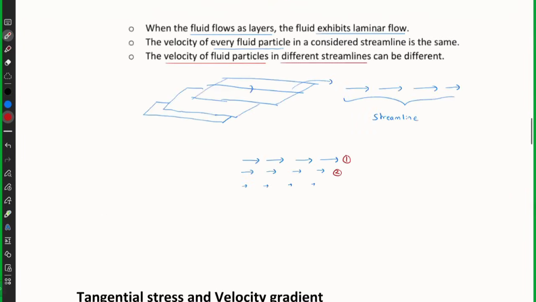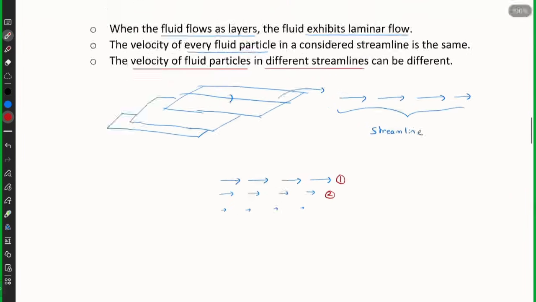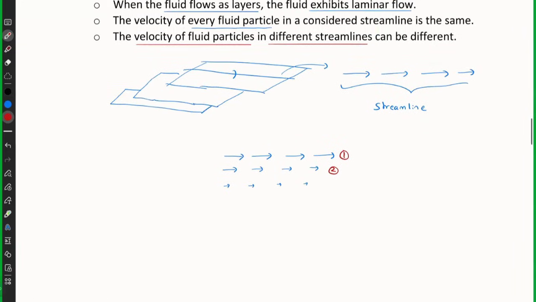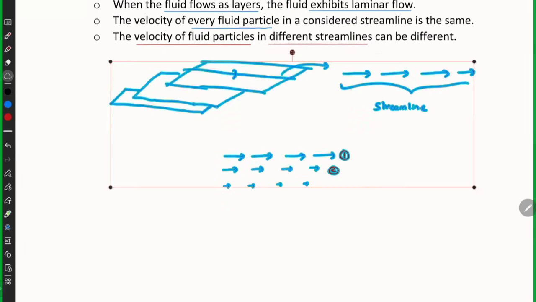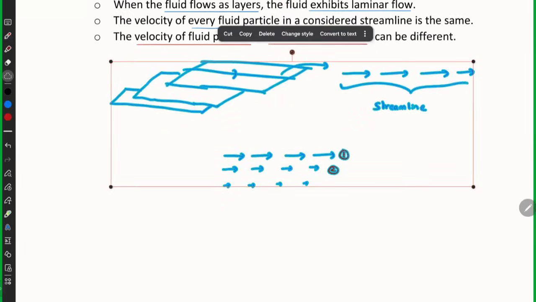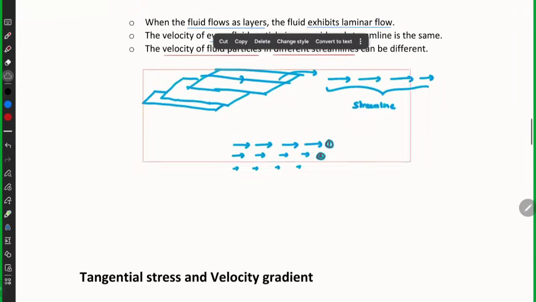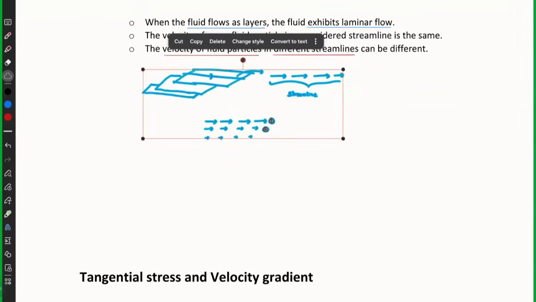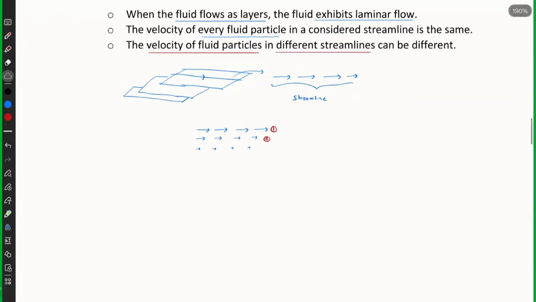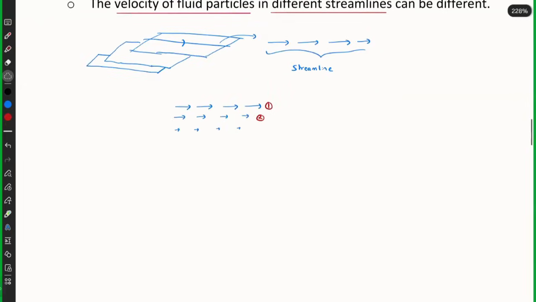So now I need to draw some things, so I need some space. Let me see if I can make this smaller. Now, let's consider a laminar flow that happens on, let's say, a horizontal plate or something.